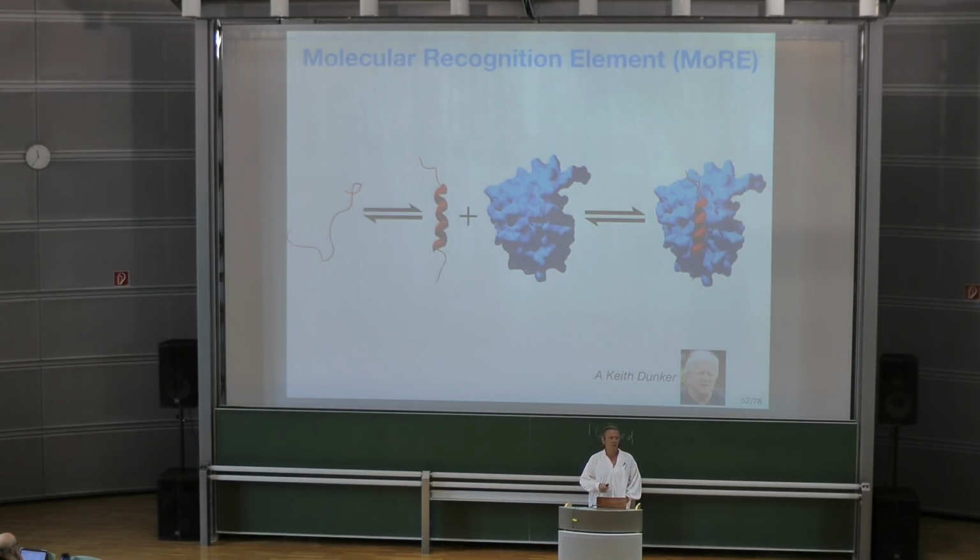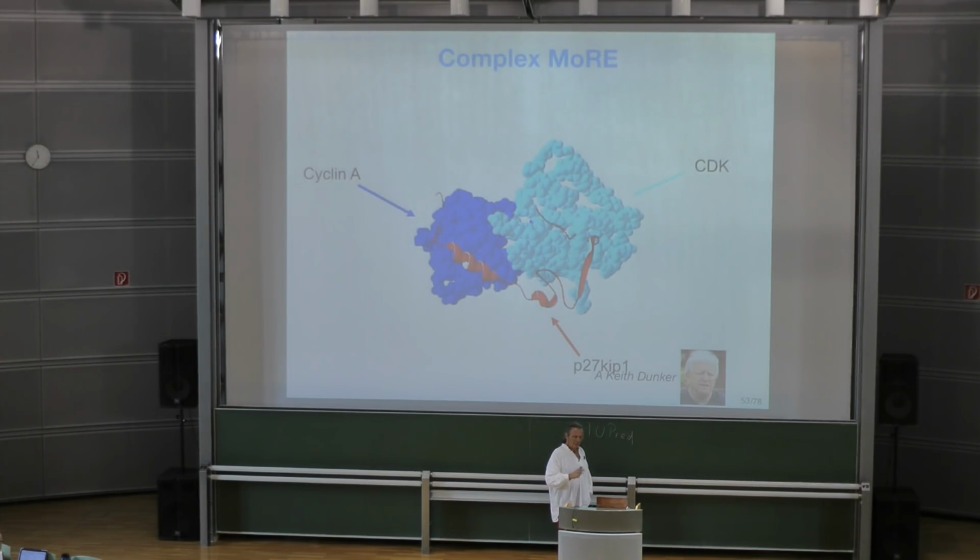One mechanism by which this could happen is the so-called molecular recognition element, MoRE. This slide comes from Keith again, where, like you have 2 proteins that you can bind, you have the possibility to connect things in very different ways with these disordered regions.